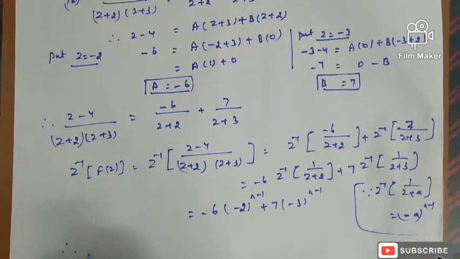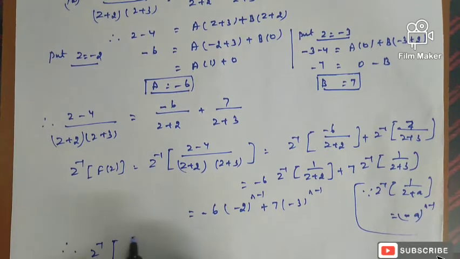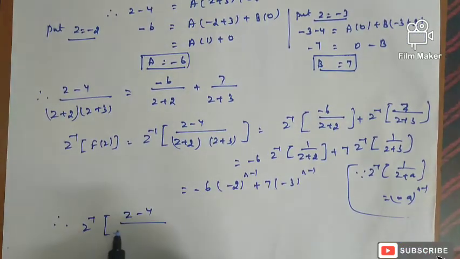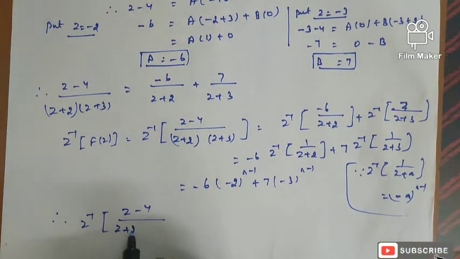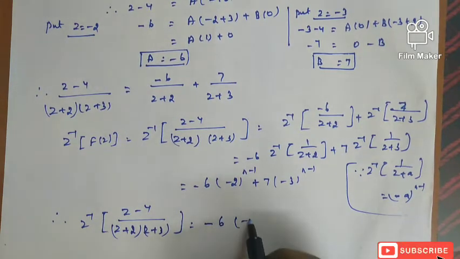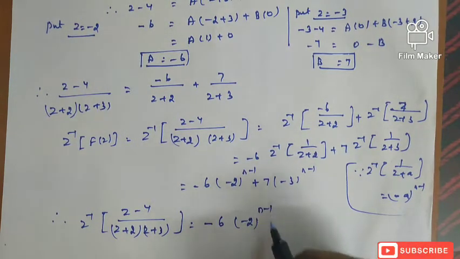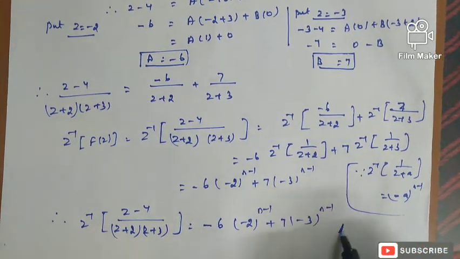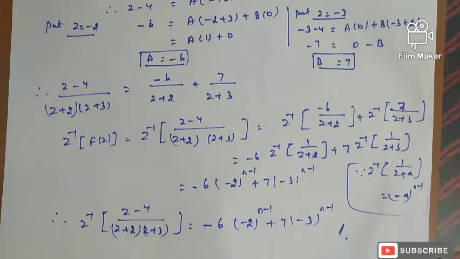Therefore, Z inverse of Z minus 4 by Z plus 2 into Z plus 3 equals minus 6 into minus 2 power n minus 1 plus 7 into minus 3 power n minus 1. This is the answer for the first question.